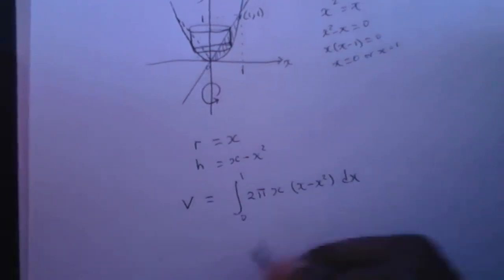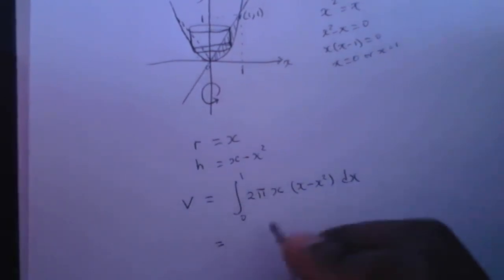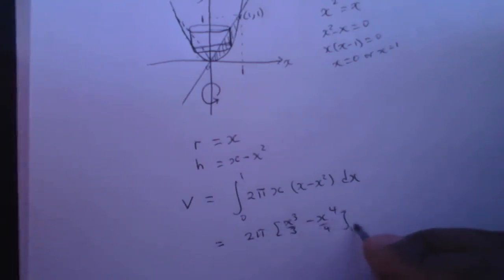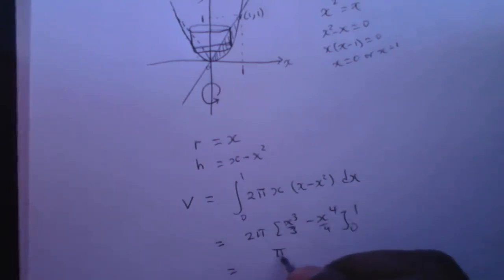Alright, and if you solve this, you have 2 pi times (x cubed over 3 minus x to the 4 over 4) from 0 to 1, and you just have pi over 6.